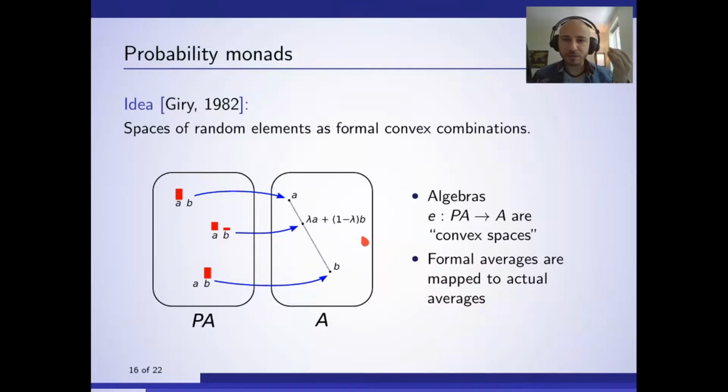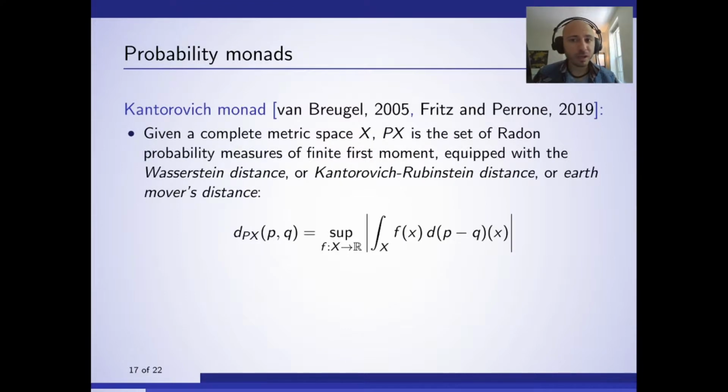So if you do this for the distribution monad on set, you get what are actually called abstract convex spaces. If you do this on metric spaces, you get convex regions of Banach spaces, and so on. So depending on the context, depending on the category, you get spaces which are interpretable as convex spaces in that context. So let's analyze a bit more in detail the metric case, which is the one I've been working on the most.